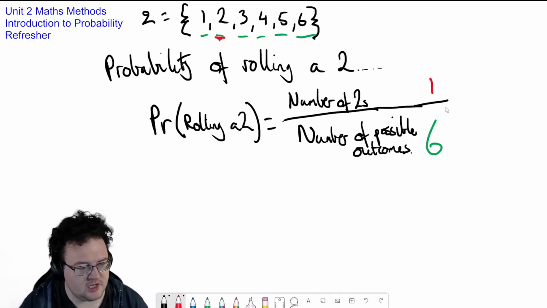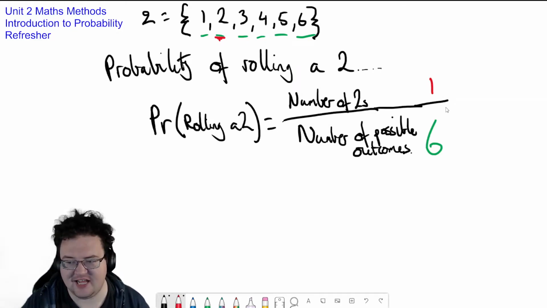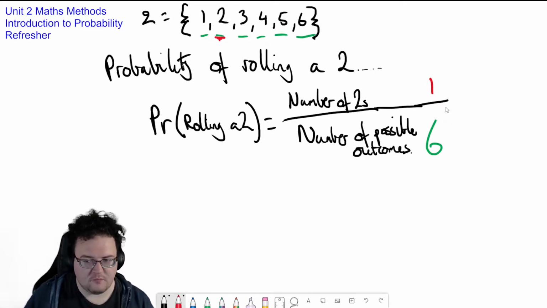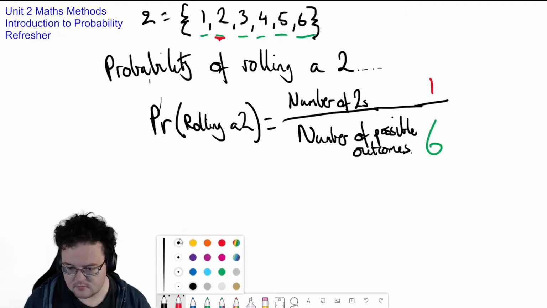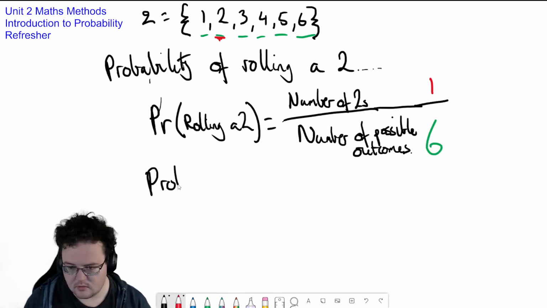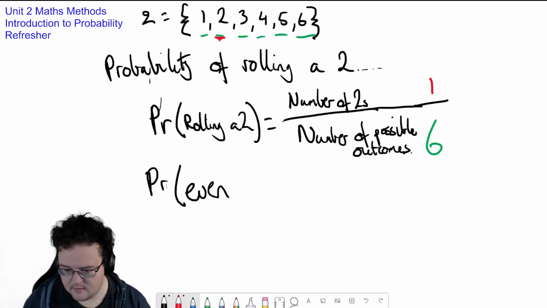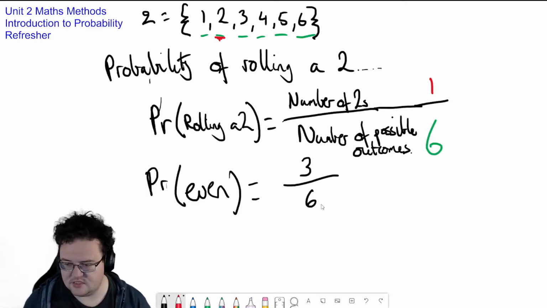If I was to talk about the probability of rolling an even number, how many even numbers are on my dice? There are 3. So the probability that I roll an even number, so P(even), is equal to the number of evens on a dice, that's 3, over the possible number of outcomes, 6.